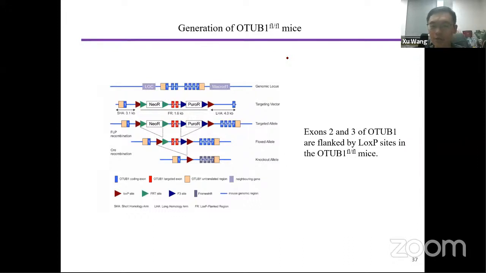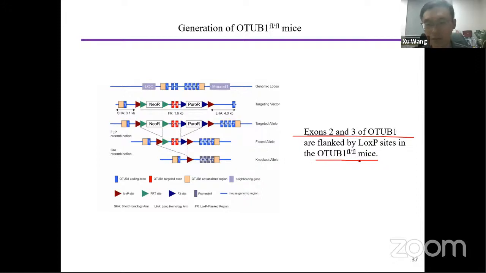To generate the OTUB1 knockout mouse, we first generated the OTUB1 flox mouse. In this mouse, exons 2 and 3 of OTUB1 are flanked by LoxP sites.